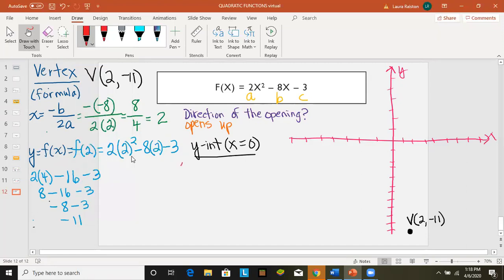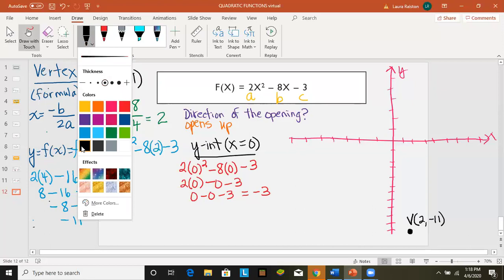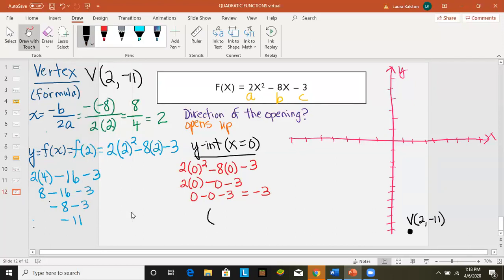So I would have 2 times 0 squared minus 8 times 0 minus 3. 0 squared is 0, so I have 2 times 0 minus 8 times 0 is 0 minus 3. 2 times 0 is 0 minus 0 minus 3 ultimately gives me the value of negative 3. So my y-intercept written as an ordered pair would be 0, negative 3.